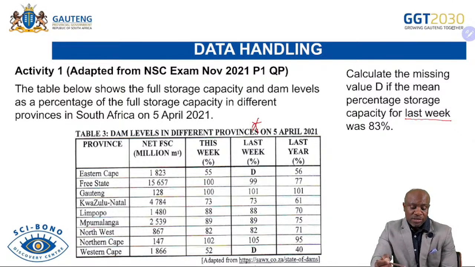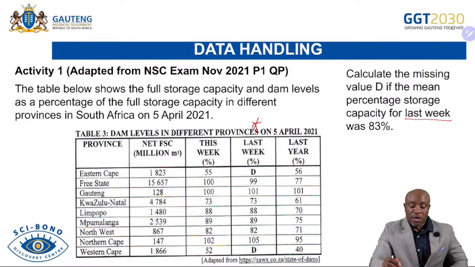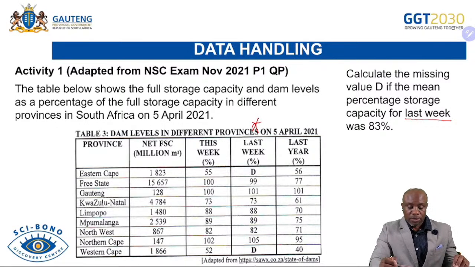I'm going to give you some time to do this, but I will just guide you now. What needs to be done here is we need to add the rest of the scores: the 99, the 101, the 73, 88, 89, 82, 105. And a little maths: D plus D, that's algebra, it's 2D. Remember, our subject is mathematical literacy.